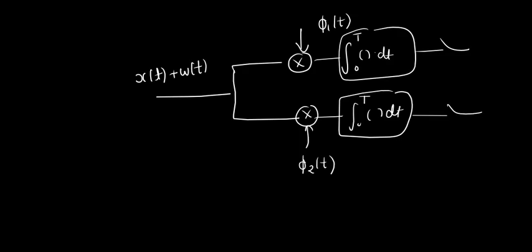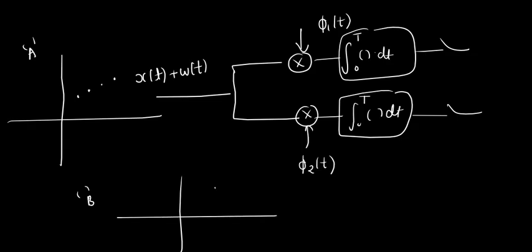In the case of A's design, your constellation points were something like this, but in the case of B the constellation points were like this, right?